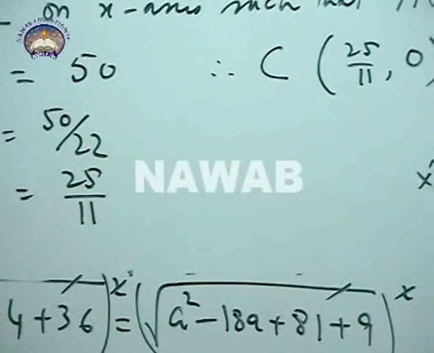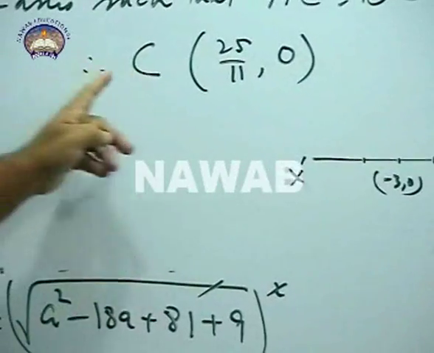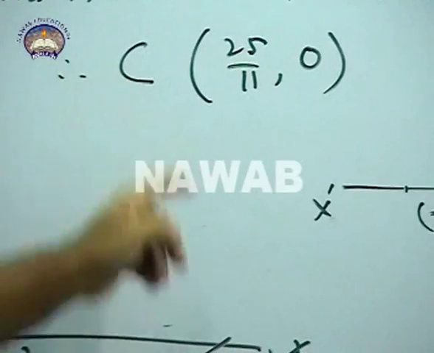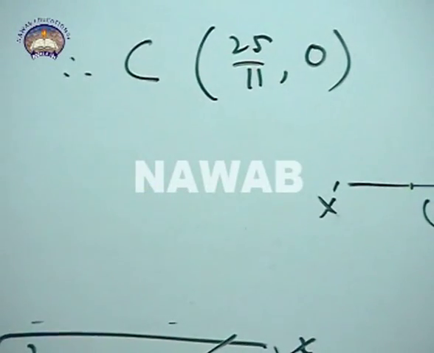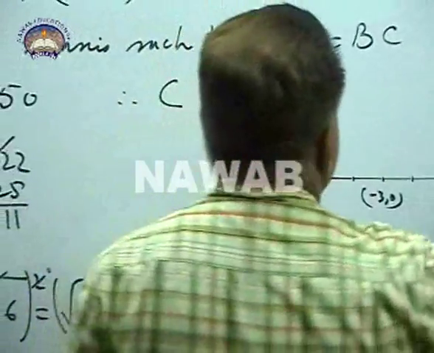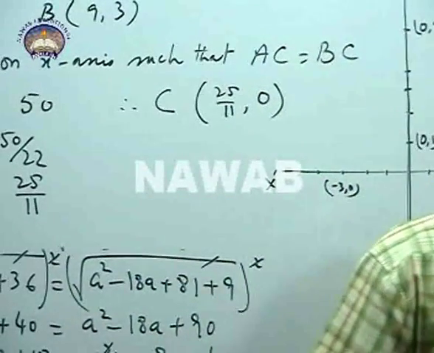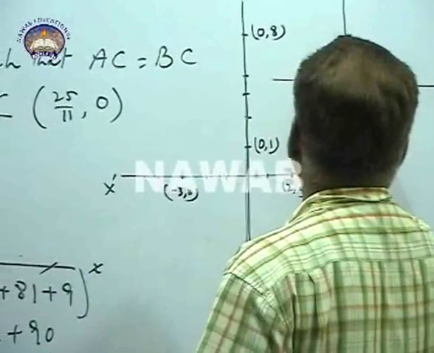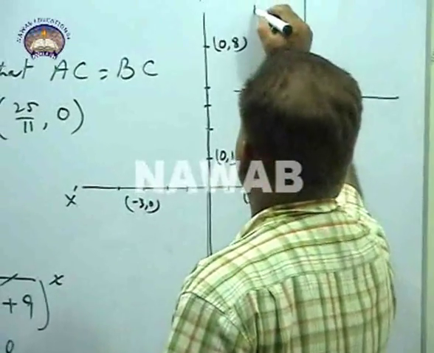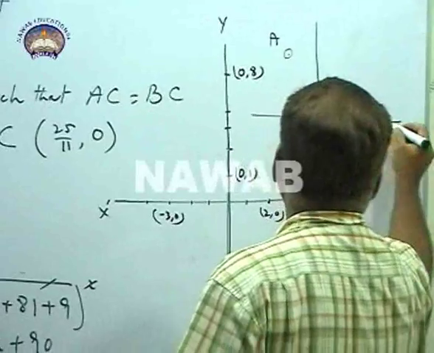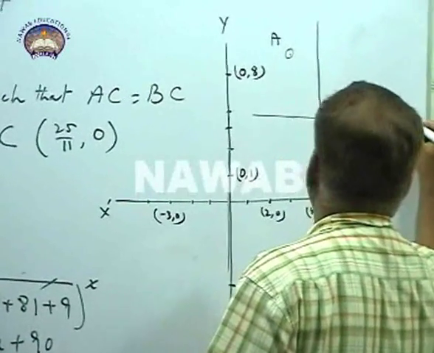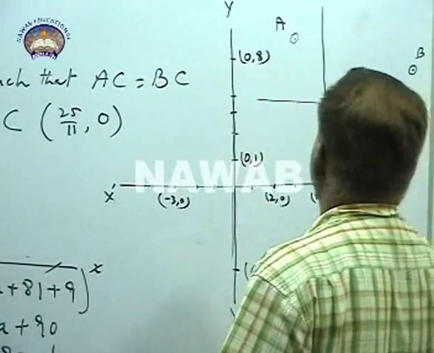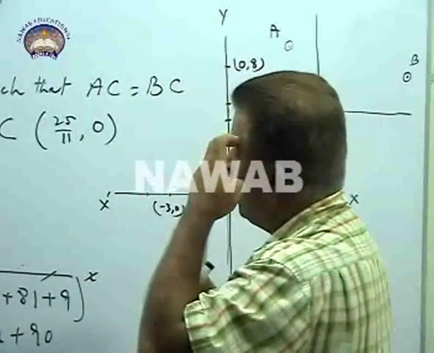This is actually the point such that it is equidistant from A and from B. So therefore if you make a sketch on x-axis and y-axis, you can find (-2, 6), this point, this is A, and (9, 3) is this point, this is B. So therefore C is 25 over 11.